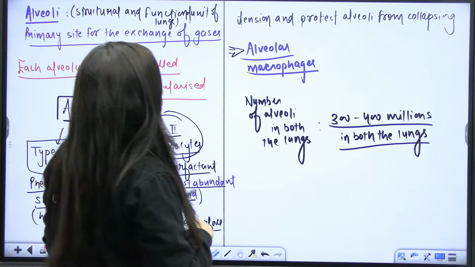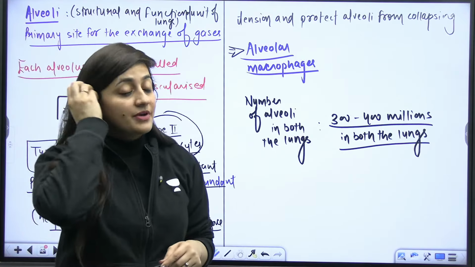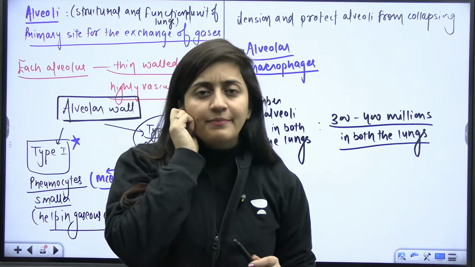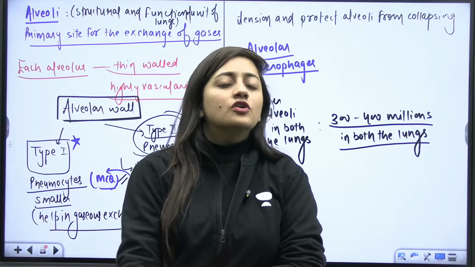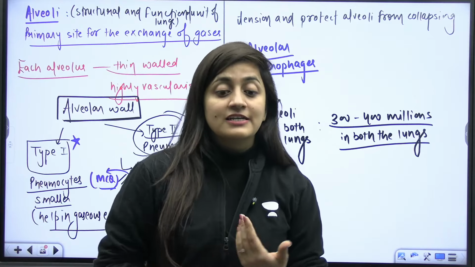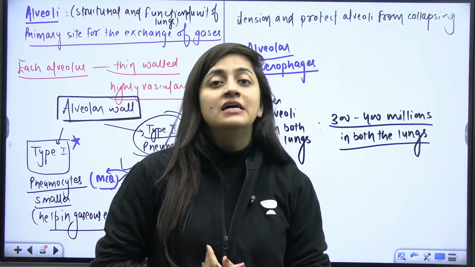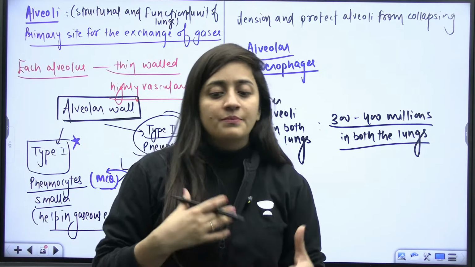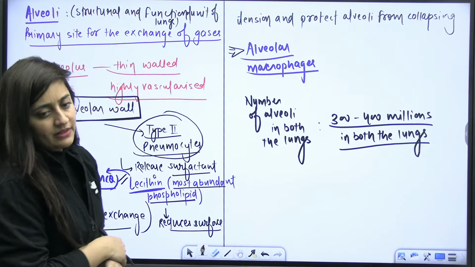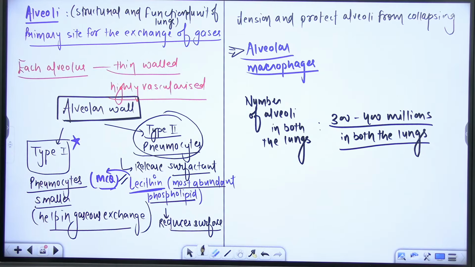And overall, you know that the respiratory system in our body forms late. Why? Because obviously when we are in our mother's womb, the placenta is there to do that job. So the respiratory system develops last. And when we take birth, within a few seconds we start breathing. So this part is clear.